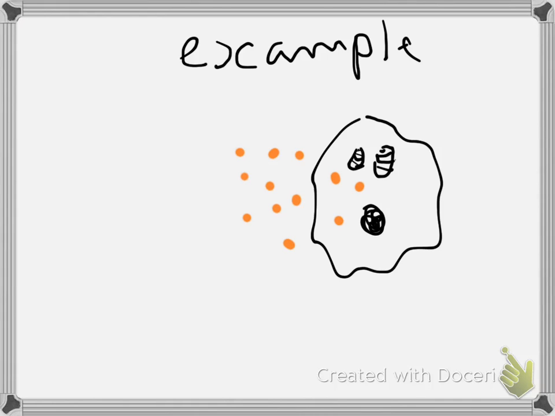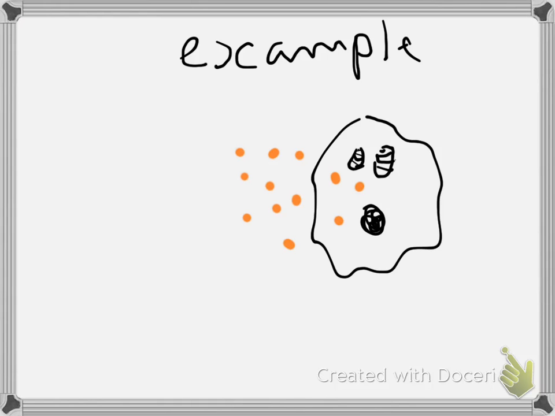Outside the cell, we've littered little glucose molecules. Each one of these orange dots signifies a glucose molecule. Glucose, of course, is a lot smaller than the dots I've drawn. Glucose is blood sugar, and every cell needs it to survive. It's processed by these little things, mitochondria. There's two of them. They break it down into energy.